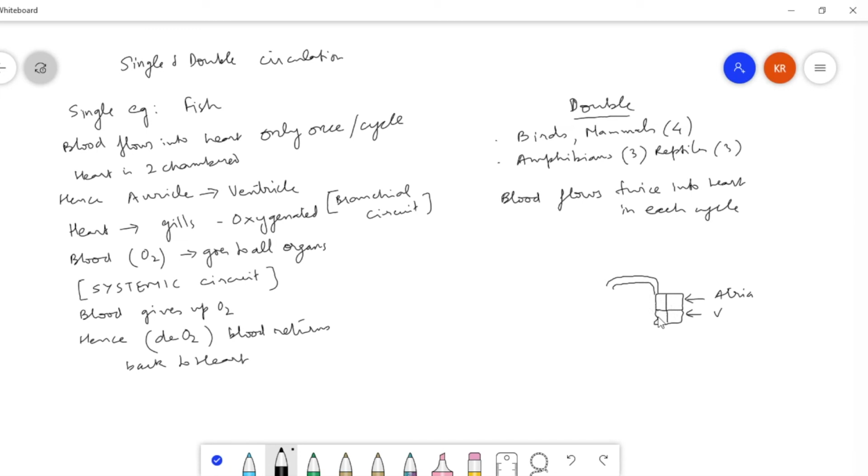From the right atrium it passes into the right ventricle. From the right ventricle it now goes into a system of capillaries in the lungs. So we will just show it like that.